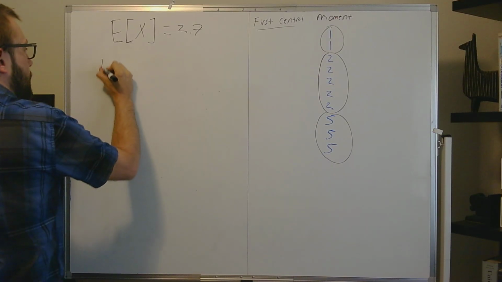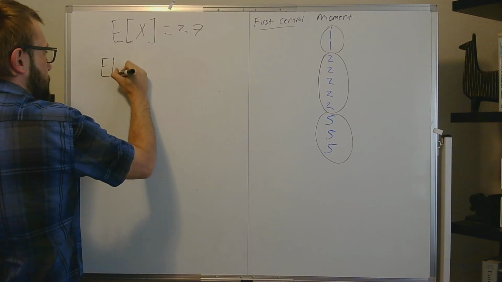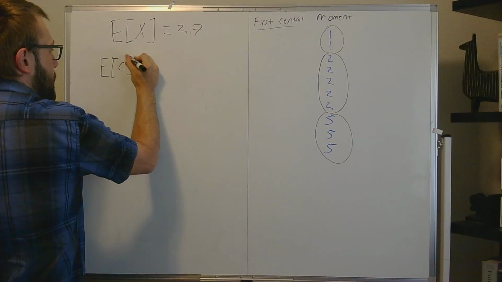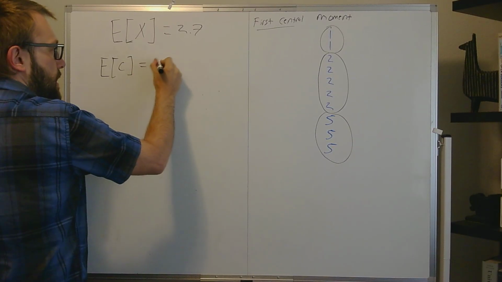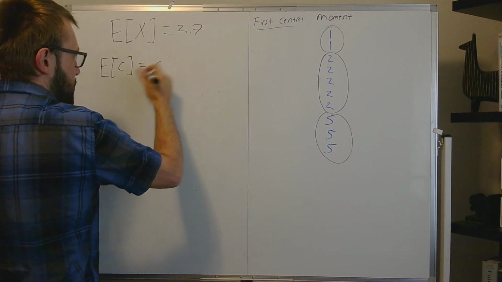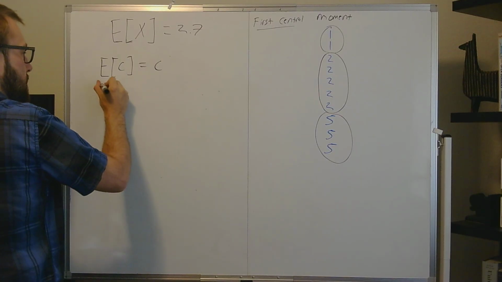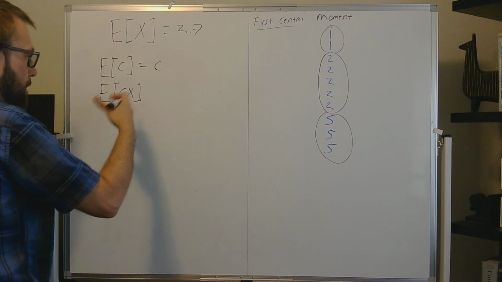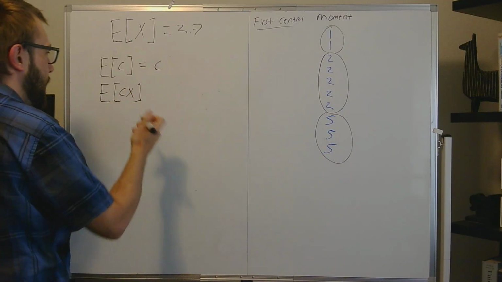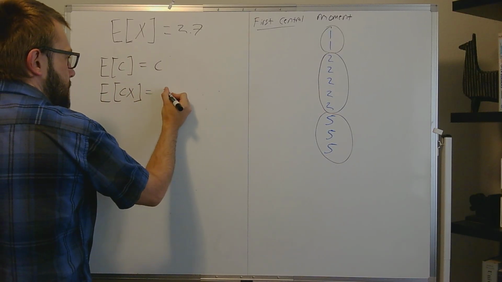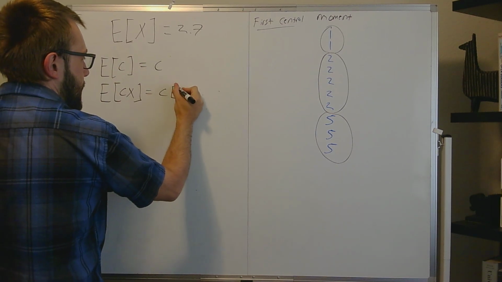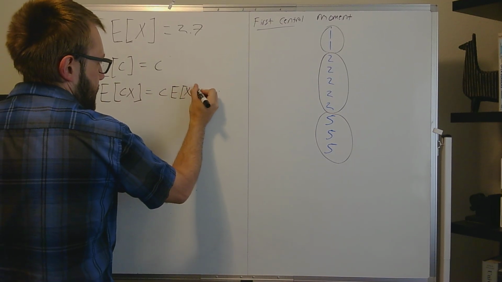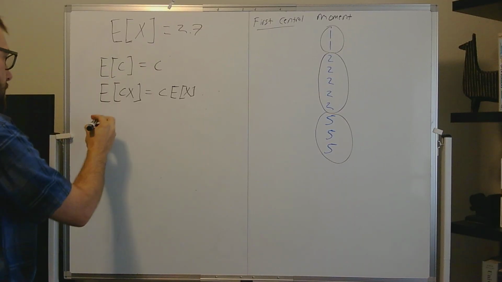So there's a few rules with the expectation operators that I'm going to give you. The expectation of a constant is the same thing as just that constant. The expectation of a constant times our x value out of a set is the same thing as that constant times the expectation of x. So you can factor the constant out.